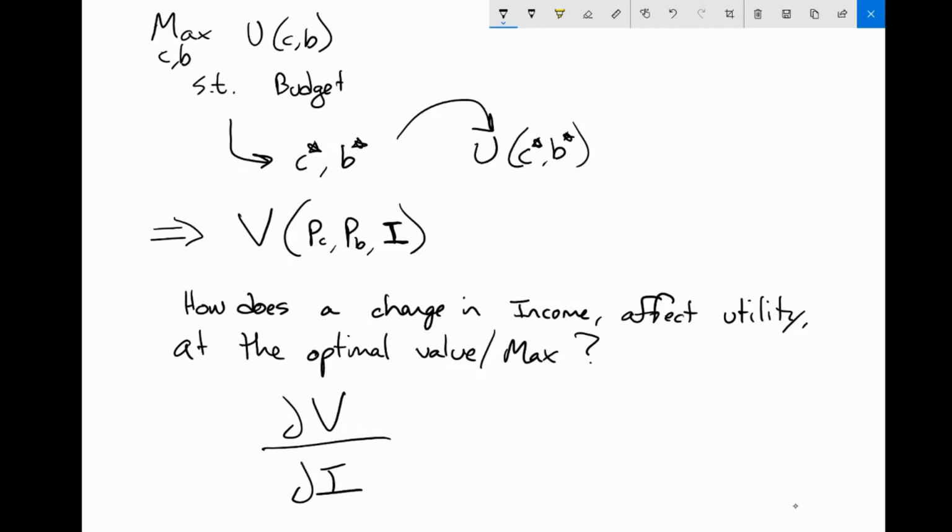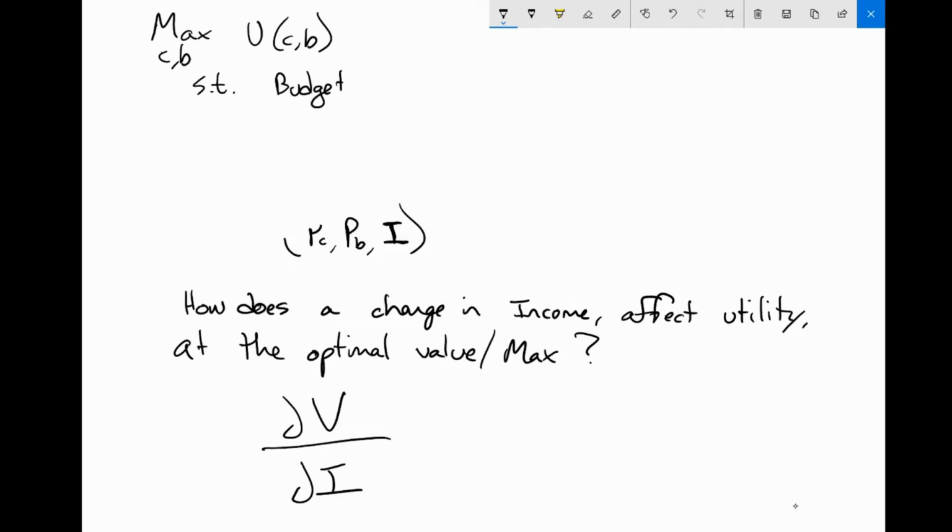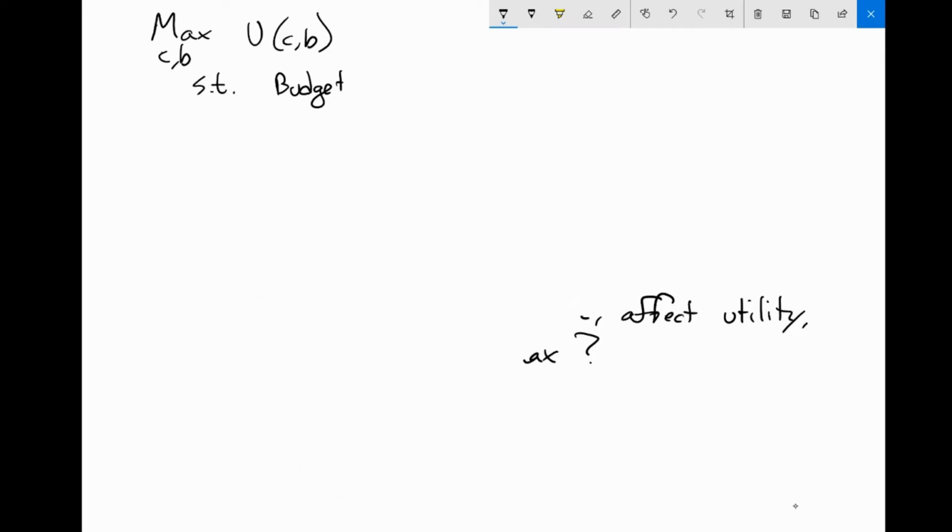Okay, well, let's try to answer that question here. And we're going to use that trick, that theorem that we talked about in the last math review lecture, the envelope theorem. So let's just take a look at this. Let's say that I have my value function.